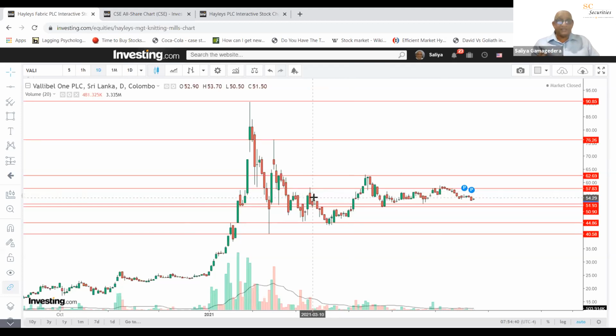So that's why I said these are not drawings that we are doing. It gives you a message that 58.10 had become a resistance area. Now, what is a resistance?